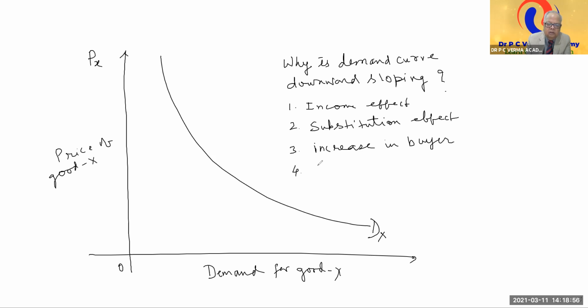Number 4 is law of diminishing marginal utility. There are 4 factors which are responsible for downward sloping demand curve.